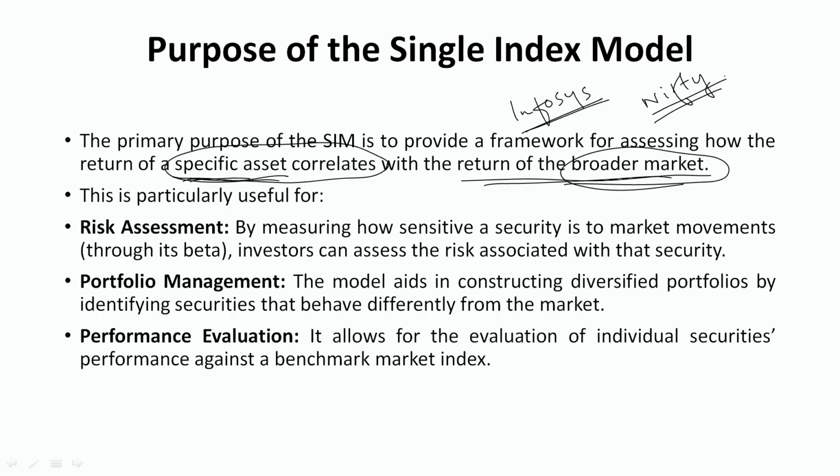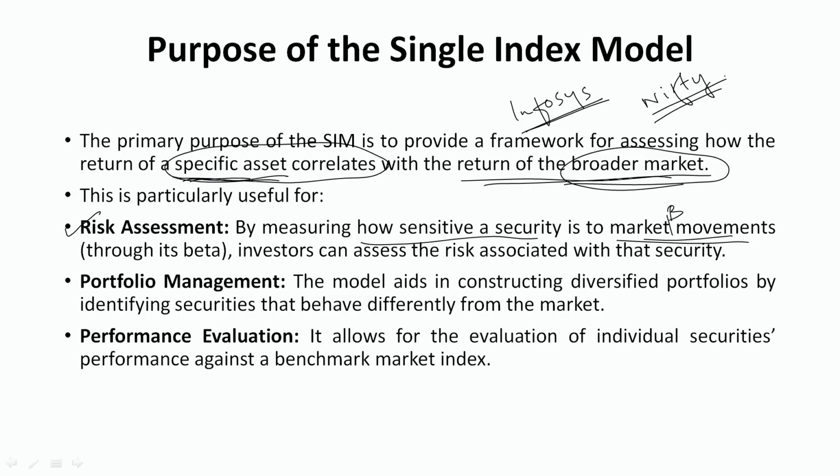This is useful under various conditions. One is risk assessment. While assessing risk, we are trying to measure how sensitive a security is towards total market movements. This sensitivity to market movement, in the earlier slides on the CAPM model, we discussed as beta.